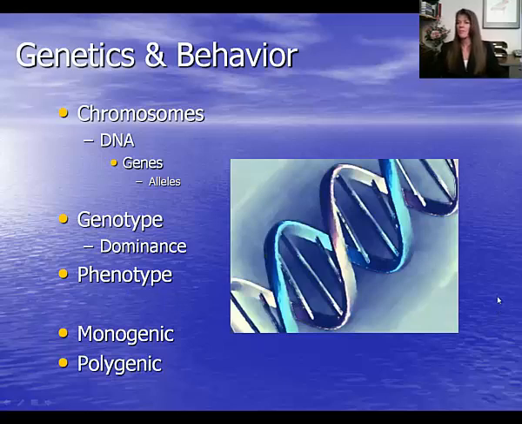It's just the expression of them. So if somebody asked you your genotype, you would give them two letters, and whether they were capitalized or not. And if they asked you for your phenotype, you'd give them your eye color. That's how it's expressed, the color of your eyes. So I can tell you that my genotype for eye color is two lowercase b's, and my phenotype is blue.